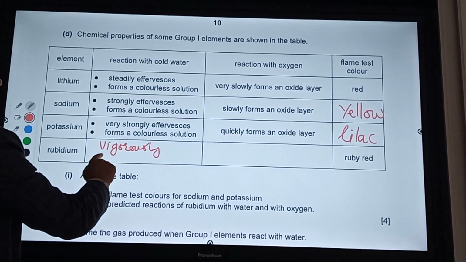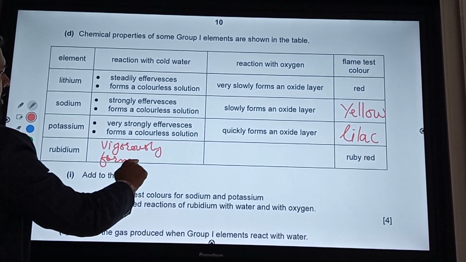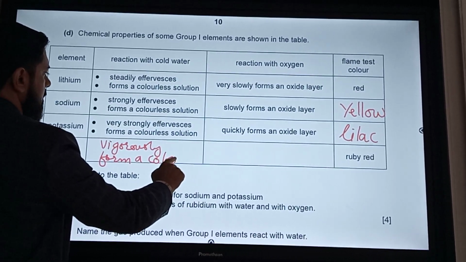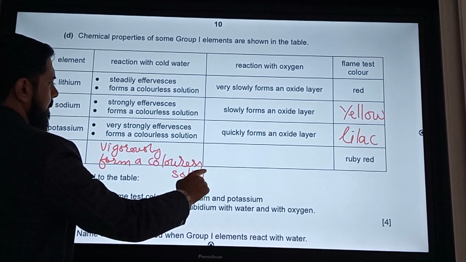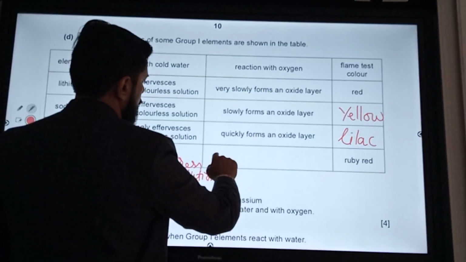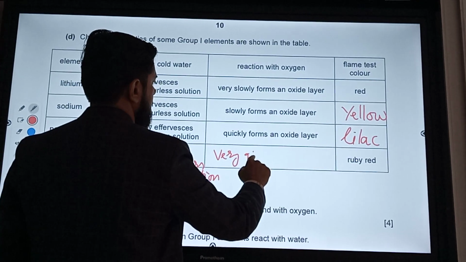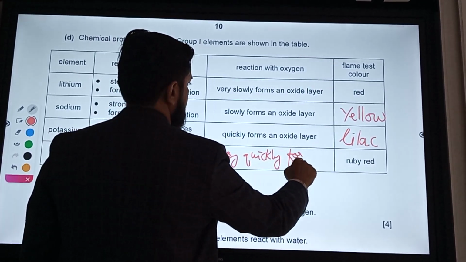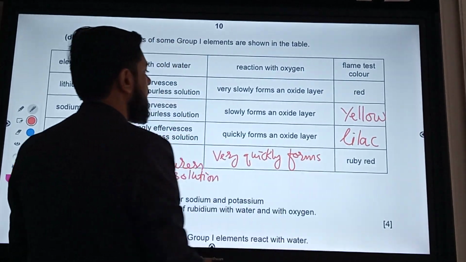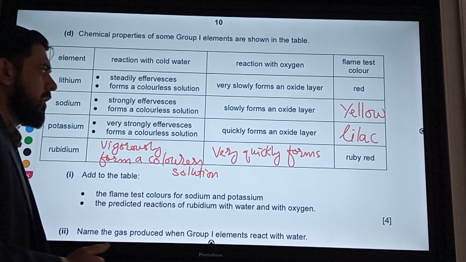Okay, and then this will be the common form, colorless solution. Forms a colorless solution. And here quickly, so you can just write very quickly forms, because we know that as we go down the group, the reactivity of the metal increases.